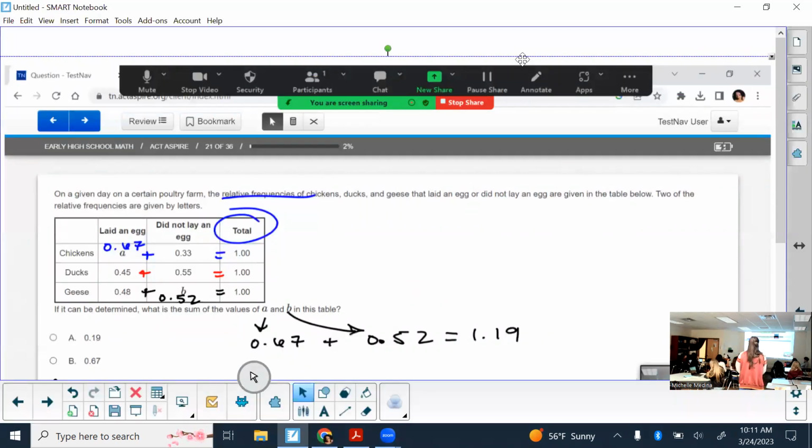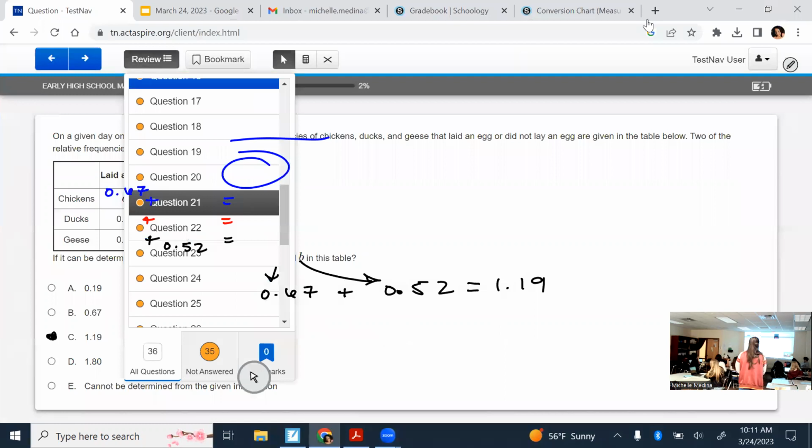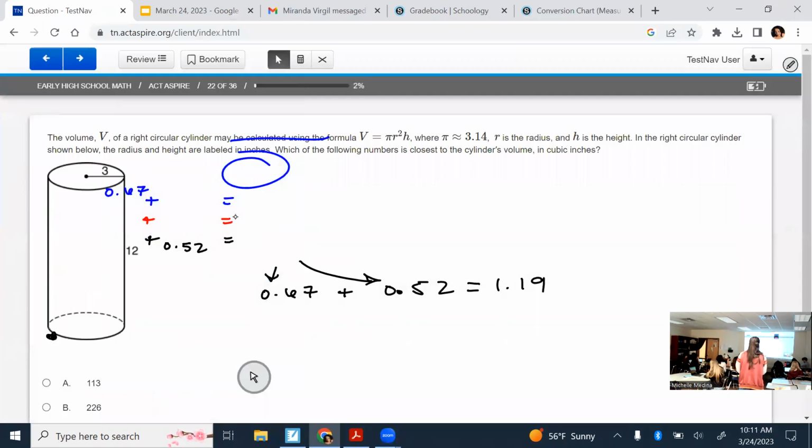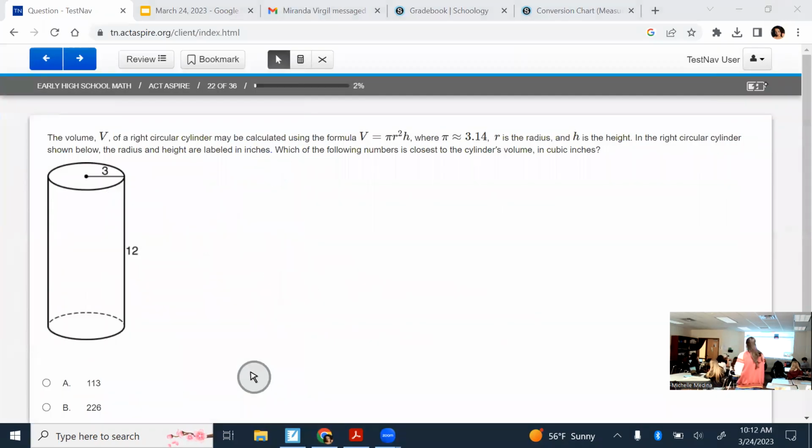Brian, 22. Okay, the volume V of a right cylinder or a right circular cylinder may be calculated using this formula where pi is approximately 3.14, r is the radius, h is the height.